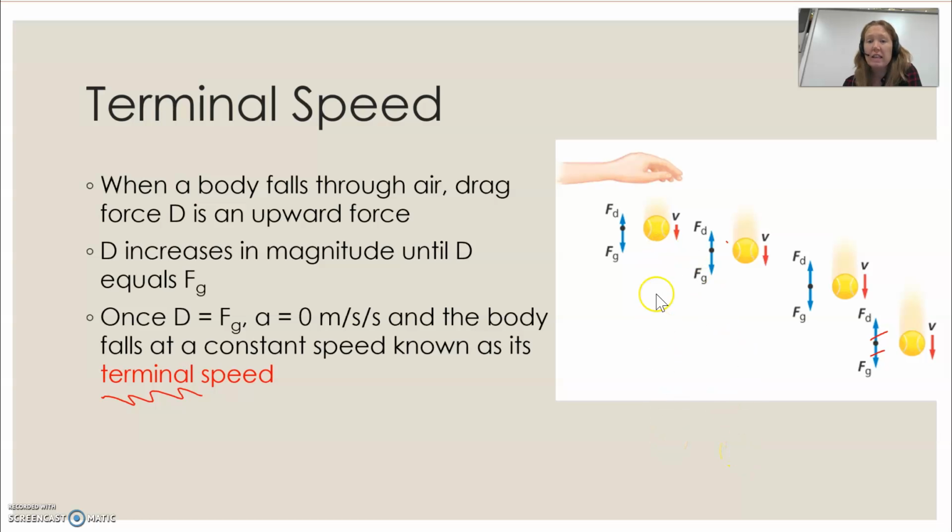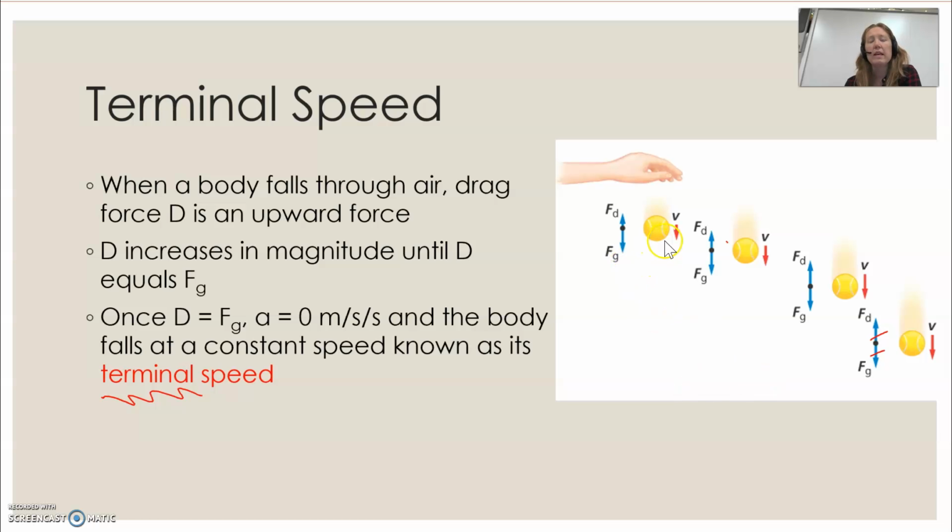I'm talking about something in free fall, not a baseball being thrown horizontally from the pitcher to the catcher, but something that's just falling.